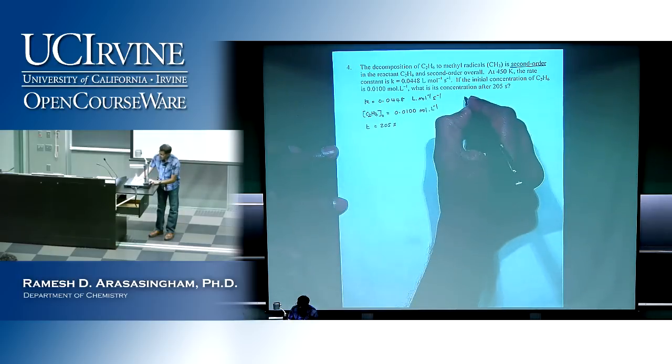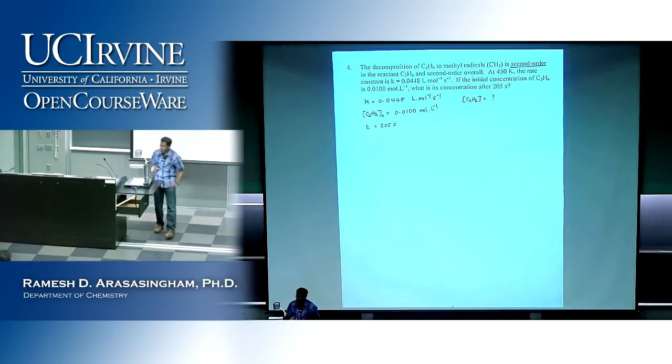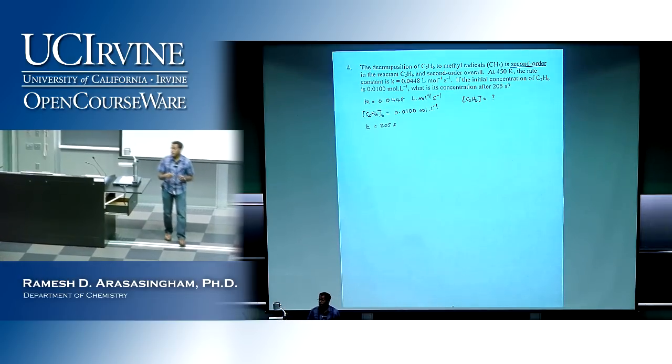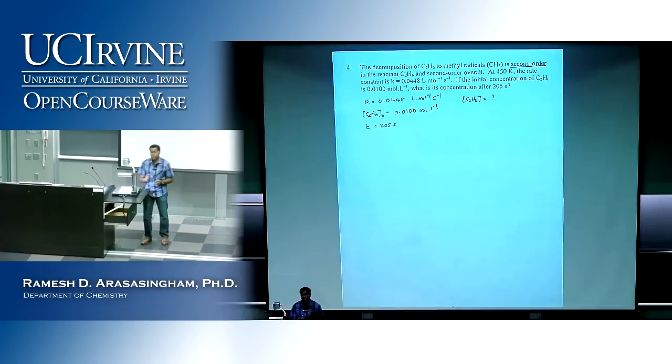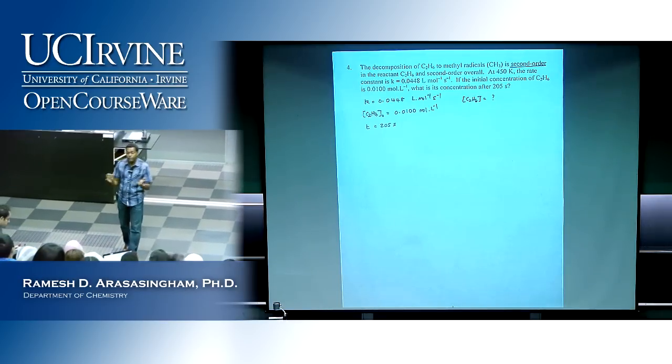And they want us to calculate the amount unreacted at that point. What is the concentration after 205 seconds? So what is the amount of the reactant that's left over after 205 seconds? What I want you to keep in mind is there are only two equations that we've learned for second order reactions. One is for half-life. They don't mention half-life at all.